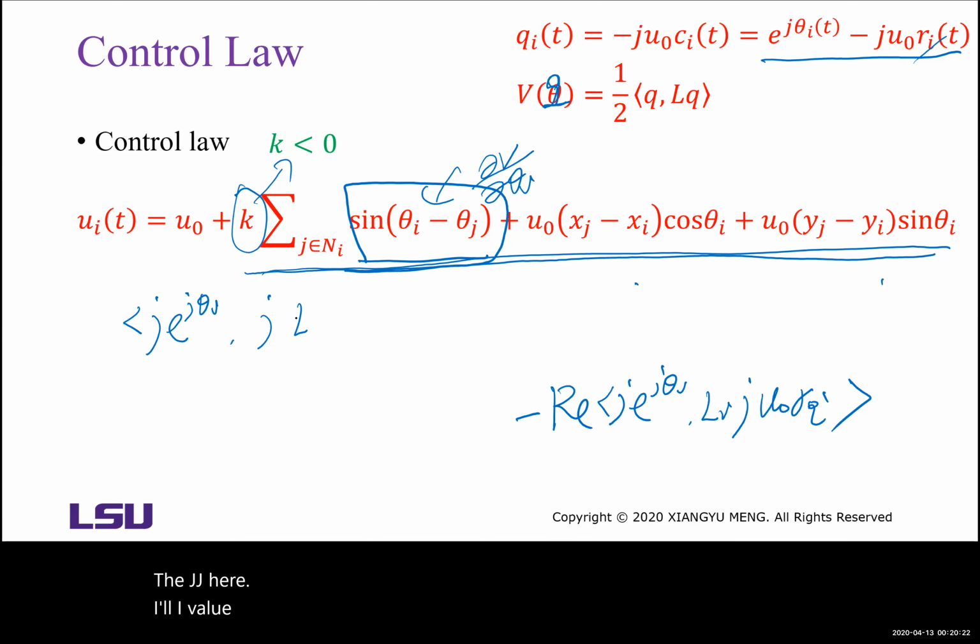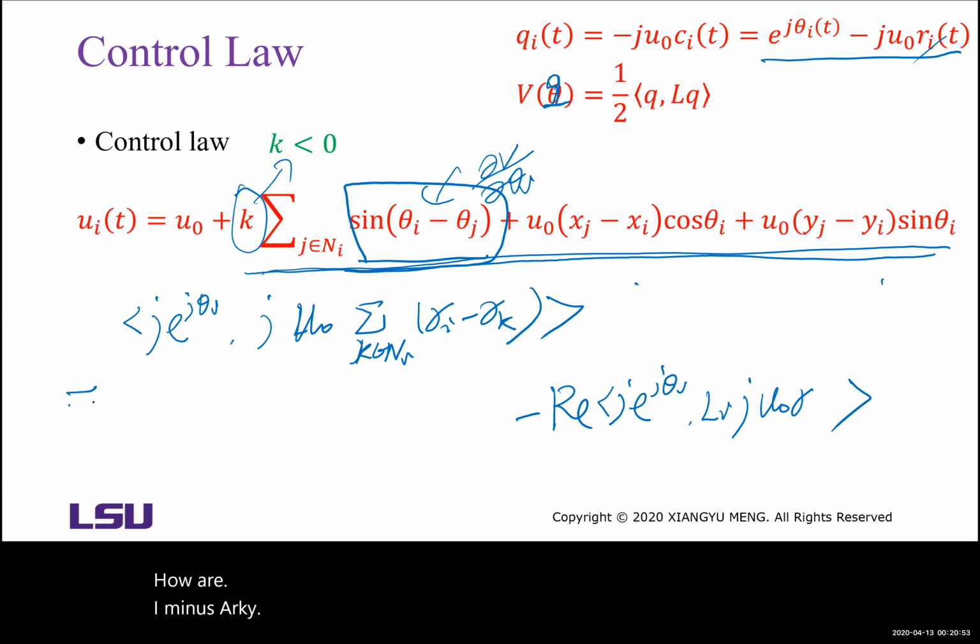Here's R. Then we have the sum over k from Ni of Ri minus Rk.